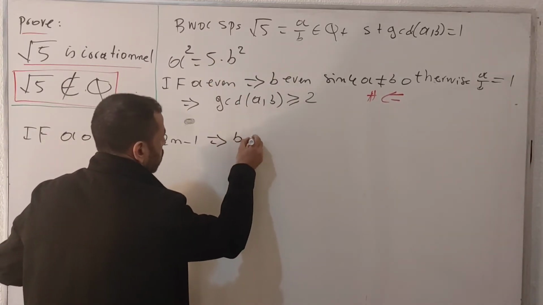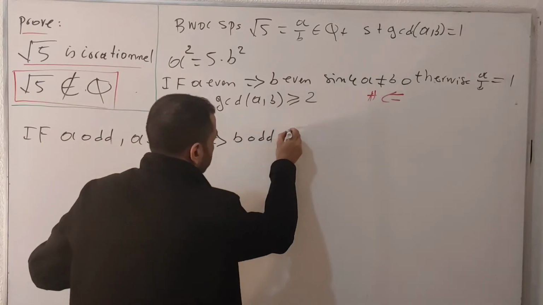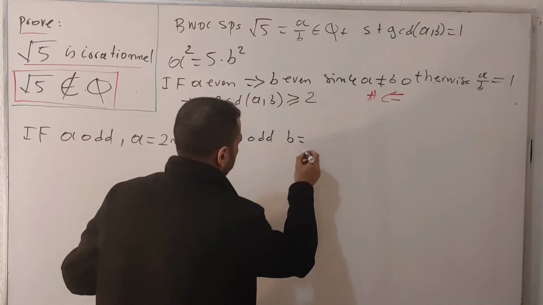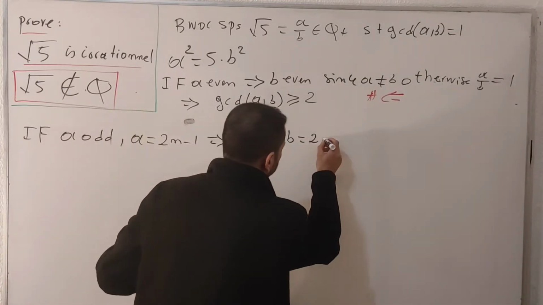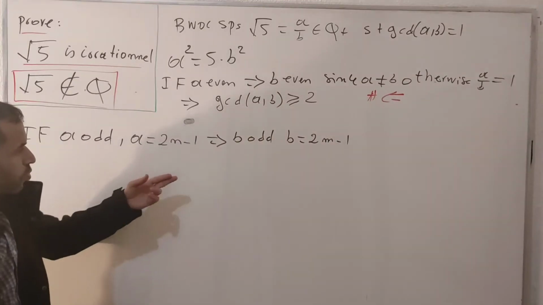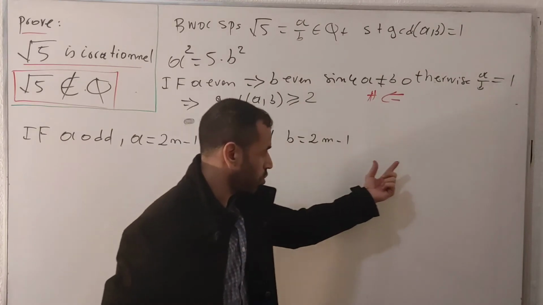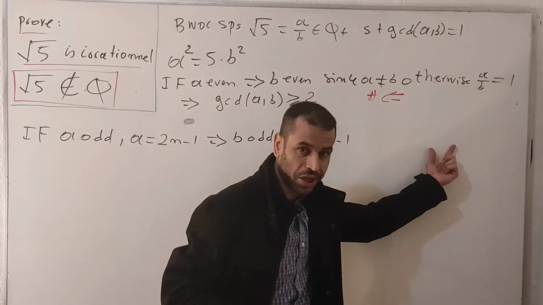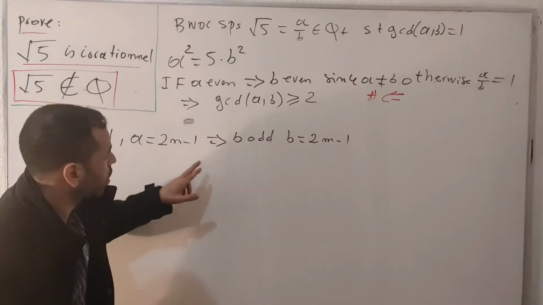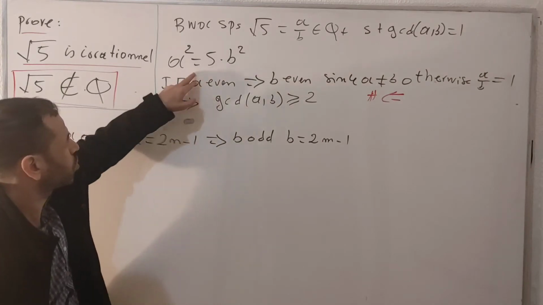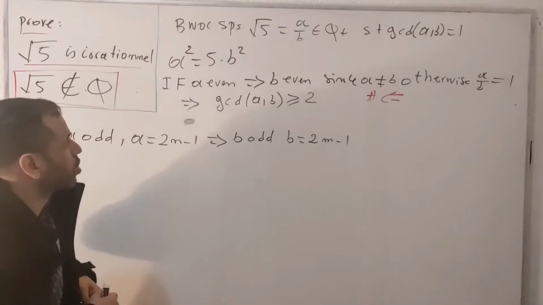If b is odd, b can be written in this form as well, 2n minus 1. I prefer to write a and b in this form as odd numbers in order to get an expression where we can create a contradiction. The next thing, I'm going to take these values and insert them into the original equation to see what it gives us.